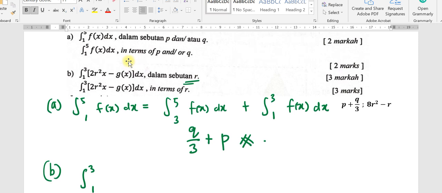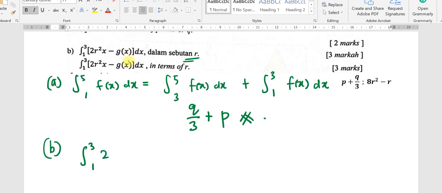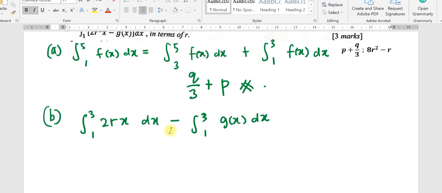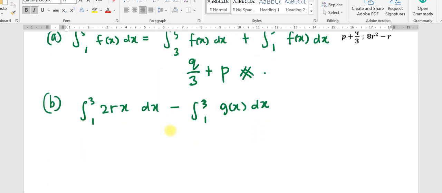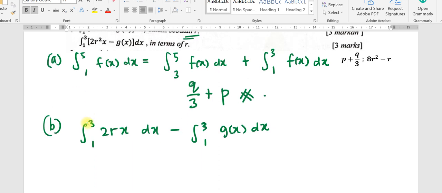Okay. Jadi 2Rx. Okay, kita buat macam ni dulu lah. 2Rx dx minus 3 1gx dx. Okay, kita separate macam ni dulu. Lepas tu, the 2r should be 2r square, is it? Okay, 2r square ni, it is constant, right? You can take out like this.